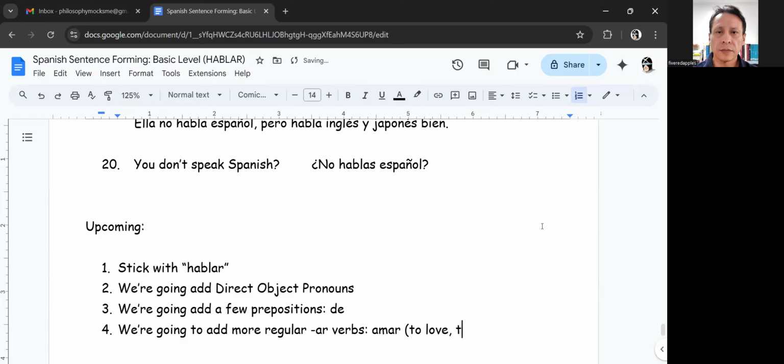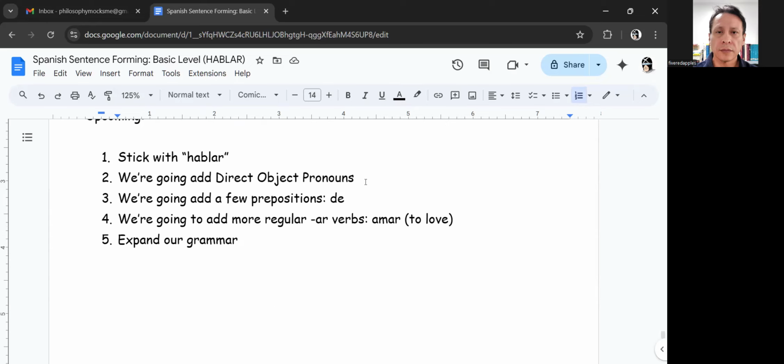It's more to love. Because it's regular, we can just say more things, but we have the conjugations at the ready. Then we're going to continue to expand our grammar in different ways. I don't want to specify all the ways now, and I don't have it in mind, but I know roughly what I want to do. Okay, that's it. And so we're going to stick to the AR verb.